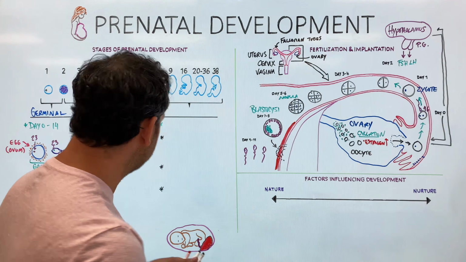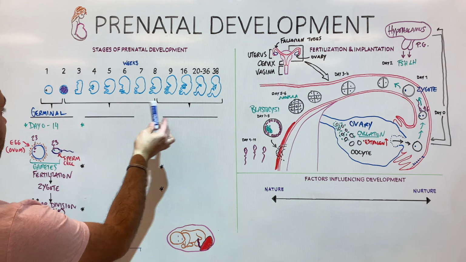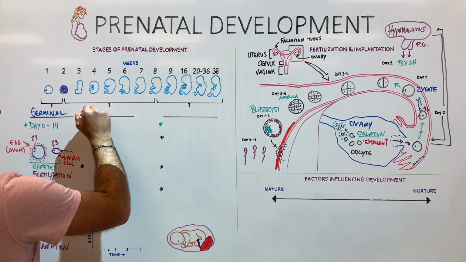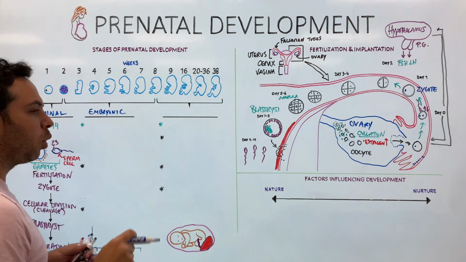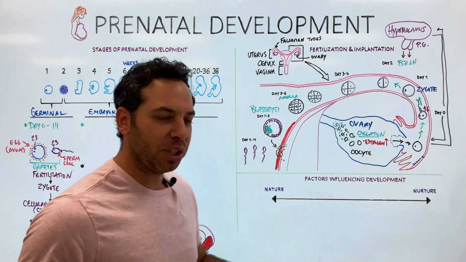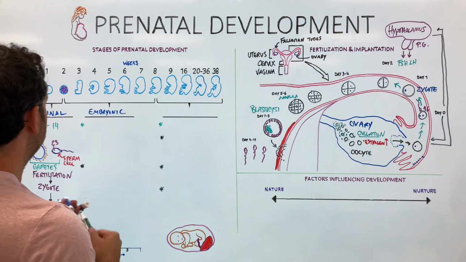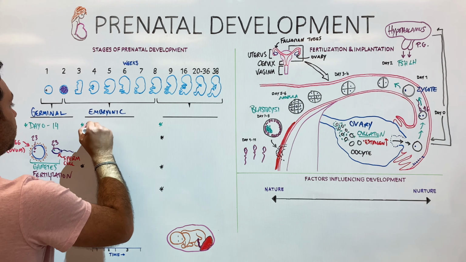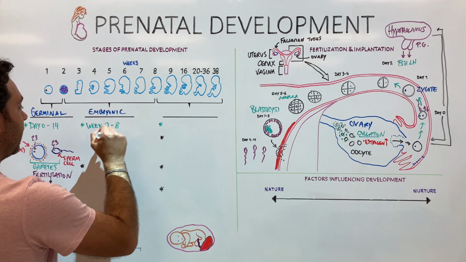Let's talk about stage number 2. Stage number 2, which is a big stage, is what we call the embryonic stage. Embryonic stage, okay? Or embryogenesis is whatever happens during that stage. Instead of the first 2 weeks, this stage is considered week 2 to about week 8, okay?